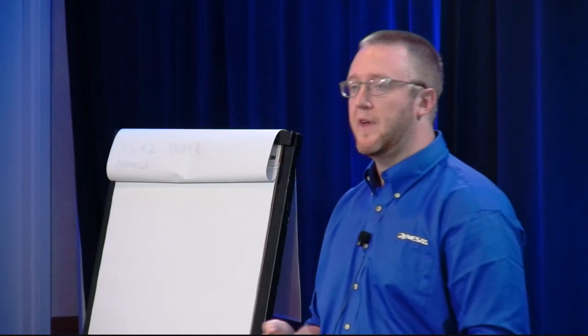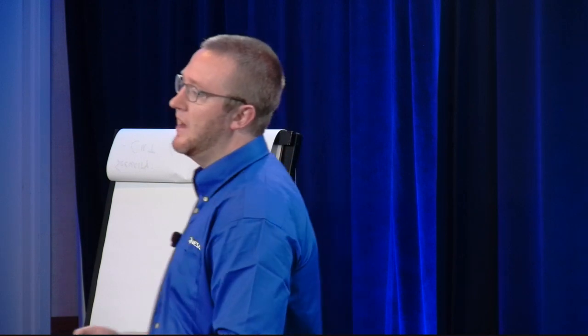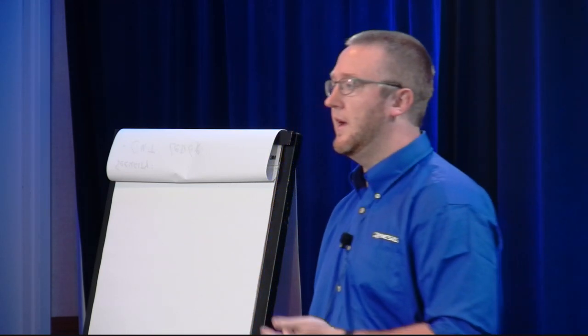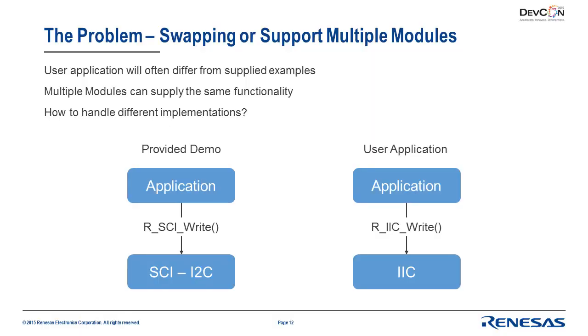If you're not familiar with the SCI from Renesas, that's our serial communications interface, and it's a peripheral that supports several serial interfaces. It supports UART, I²C, and Simple SPI. So the sample code uses the SCI peripheral to do I²C communications. But for your project, you don't want to use SCI. You want to use our more feature-rich IIC peripheral. So how do you do that?